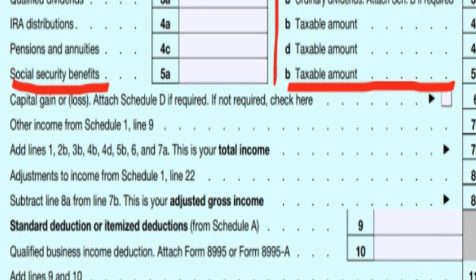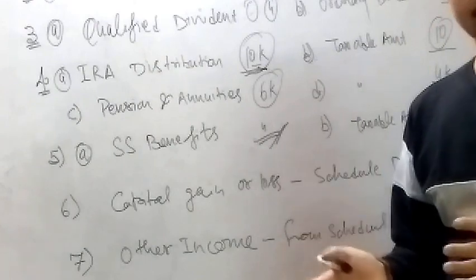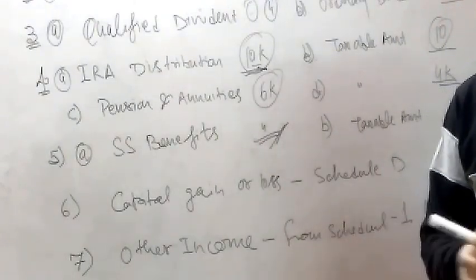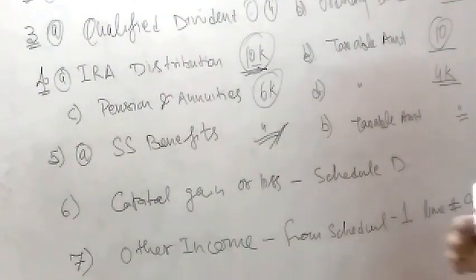The best way is to come to the summary page of the tax return, the 1040, and first confirm whether the entire amount is non-taxable or whether some amount is taxable also.